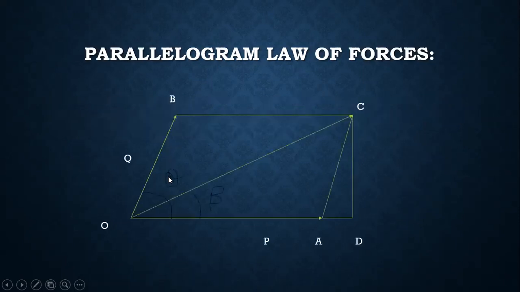This can be explained further. OC is the diagonal line, the resultant of the two forces P and Q, where beta is the angle between the lines OD and OC. Theta is the angle between the lines OD and OB, where P and Q are the forces situated on adjacent sides of the parallelogram.